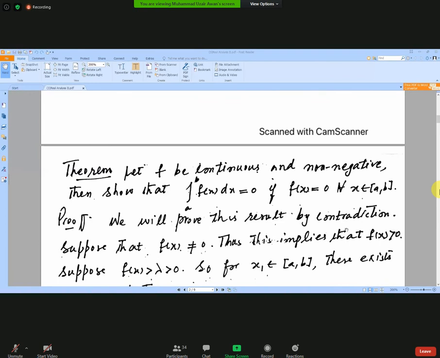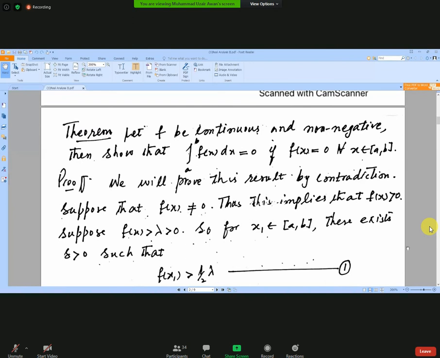We started this contradiction with f of x is not equal to 0, since it is given that f is non-negative. So एक ही केस हमारे पास बचेगा, that is f of x is greater than 0.